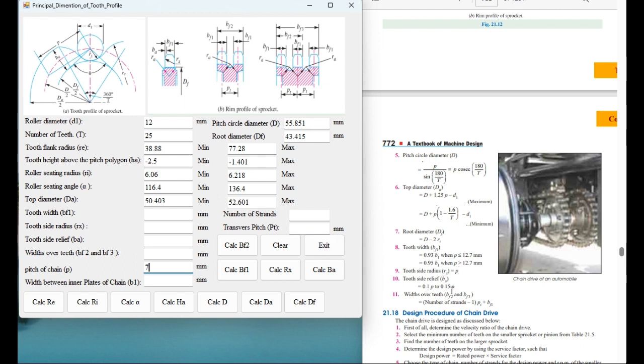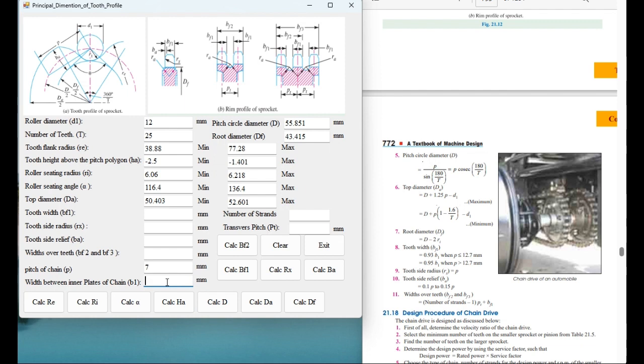B1 we have to enter here, the width between inner plates of chains. We have earlier seen this value on the table, so we have to enter the values here.